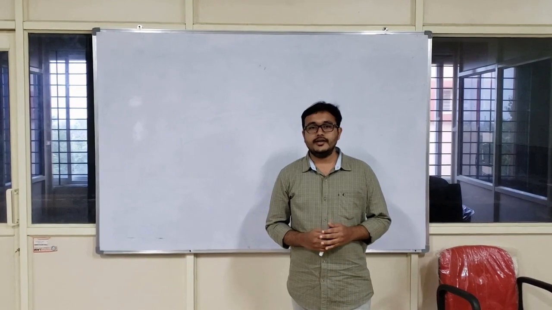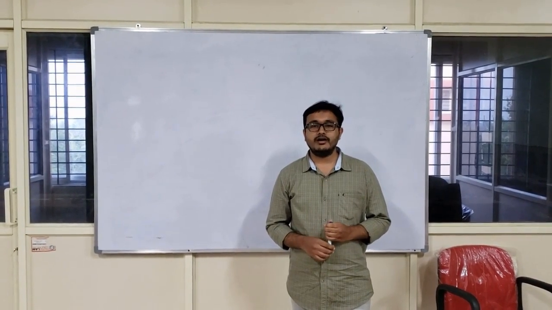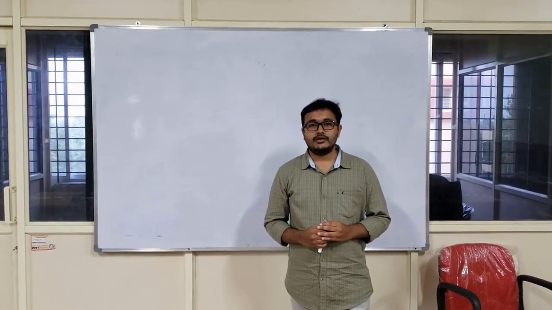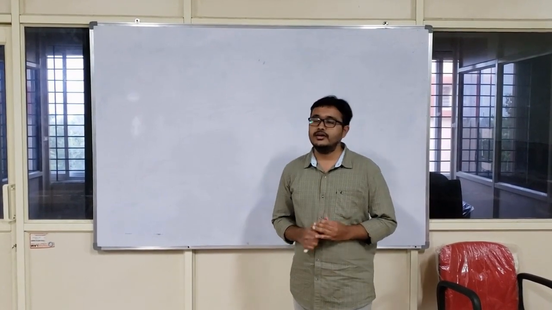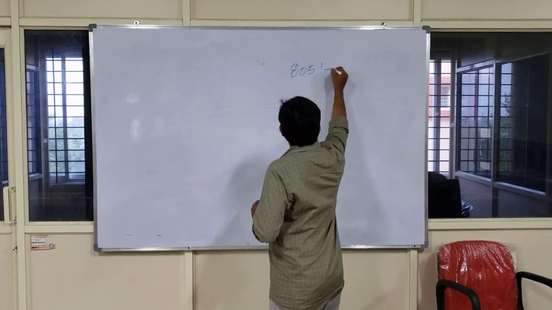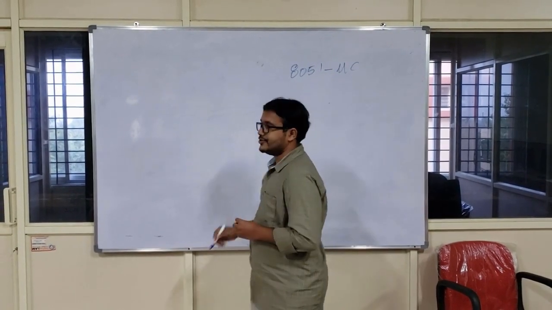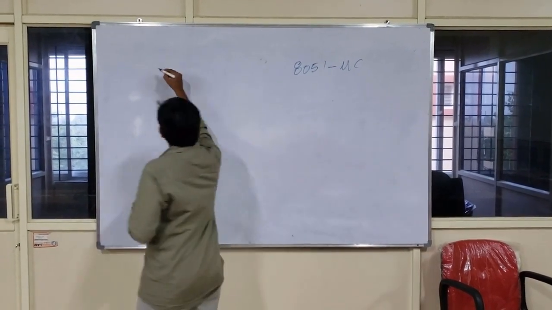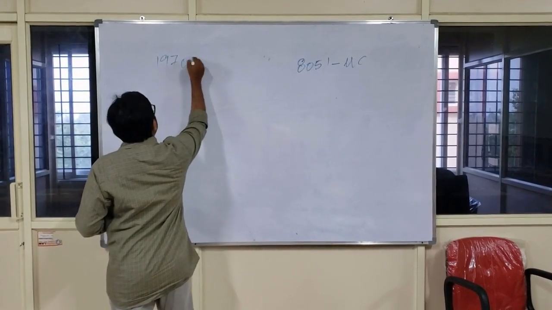Thank you. For entering into the lab experiments, we need to have some awareness of the 8051 microcontroller. So what is this 8051? The 8051 is a microcontroller which was introduced by the Intel company in the late 1970s.